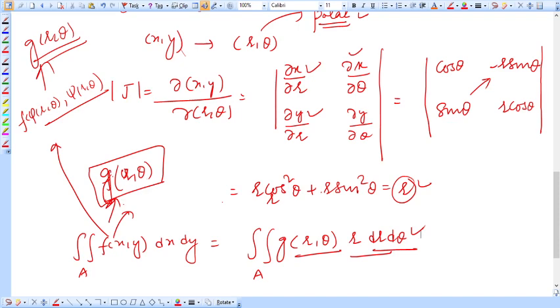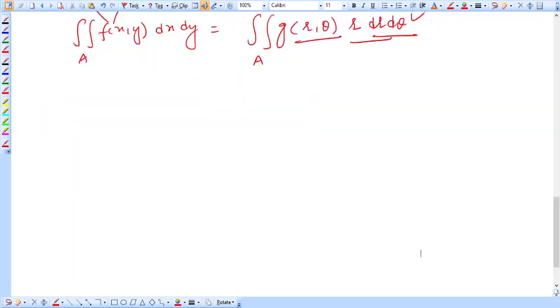Now we are going to take a problem on double integral in which we change the variables.